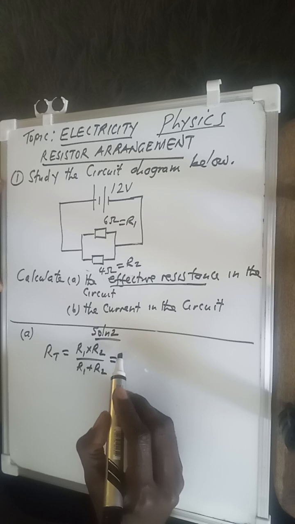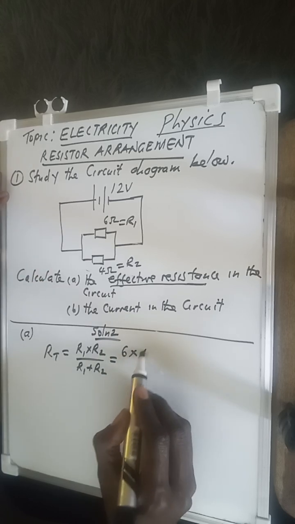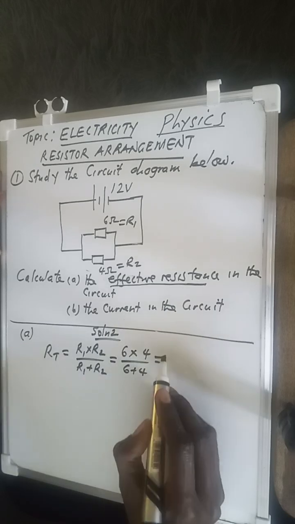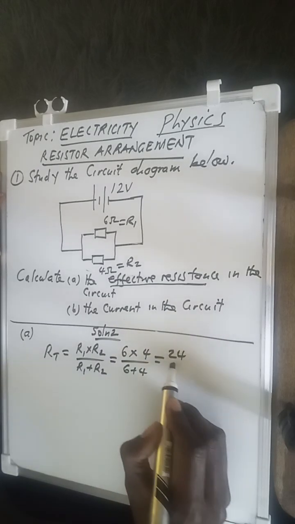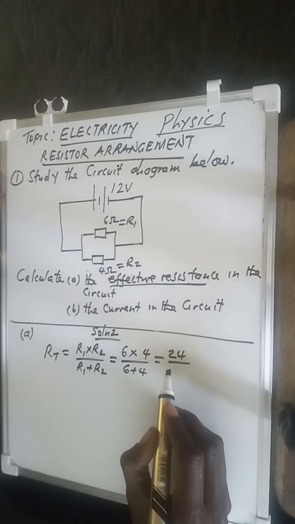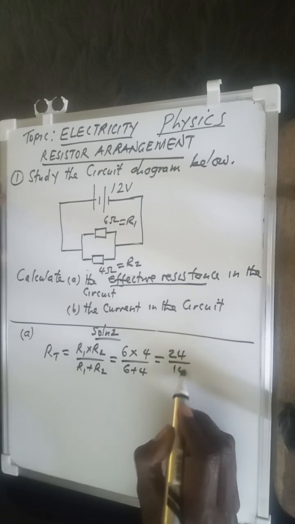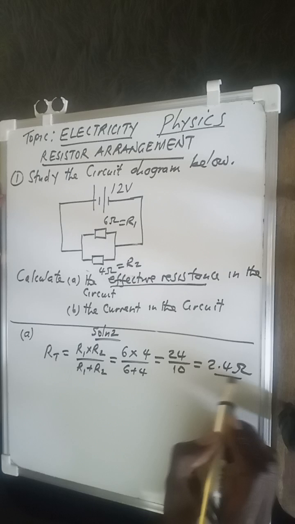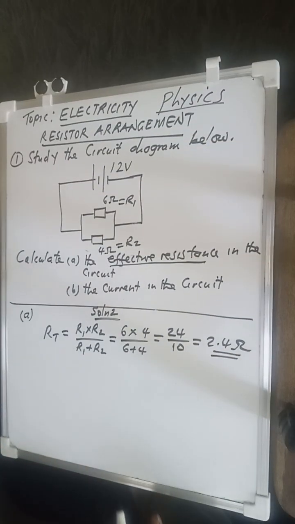So how is that going to be? It will be 6 multiplied by 4 divided by 6 plus 4. So 6 times 4 gives us 24, divided by 6 plus 4, that will give us 10. If you divide, that will give you 2.4 ohms. So you don't need to actually waste a lot of time on that.